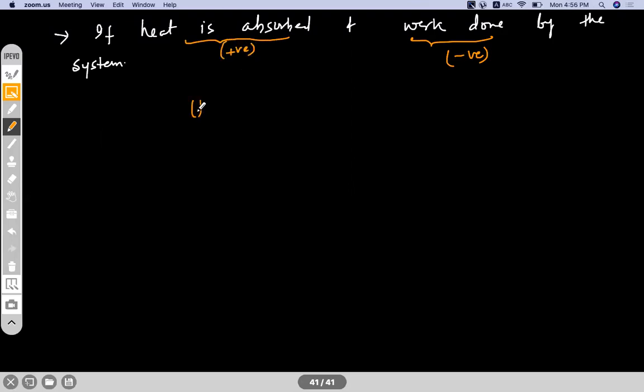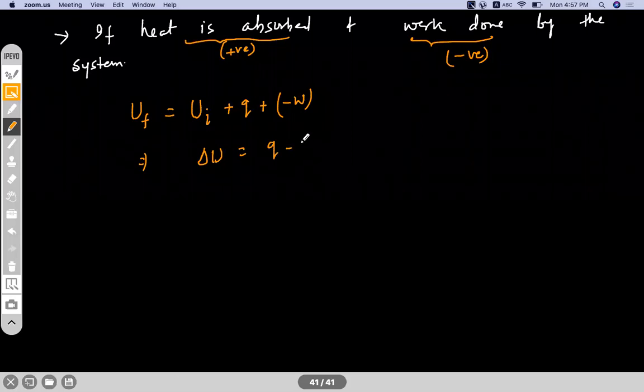So Ui is the initial internal energy, q amount of heat it absorbs, and out of this much energy, w amount of work is done. Since it is done by the system, so minus w, this would be the total internal energy. So Uf minus Ui, that is delta U, is equal to q minus w, and further we can write q is equal to delta U plus w.